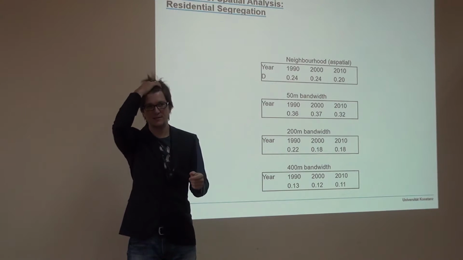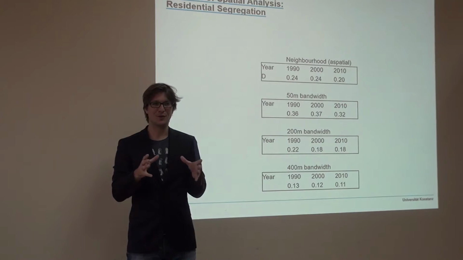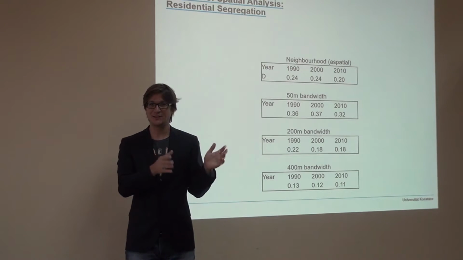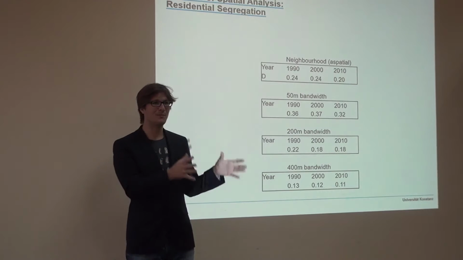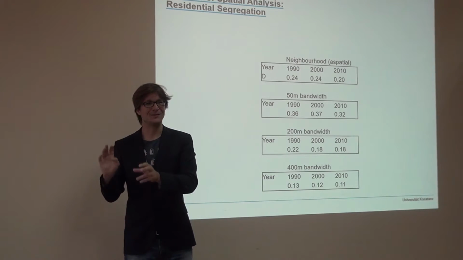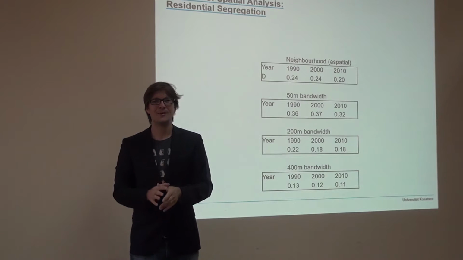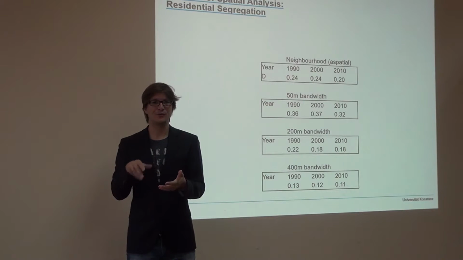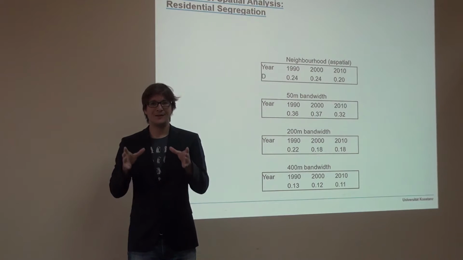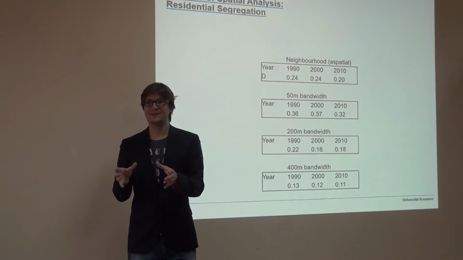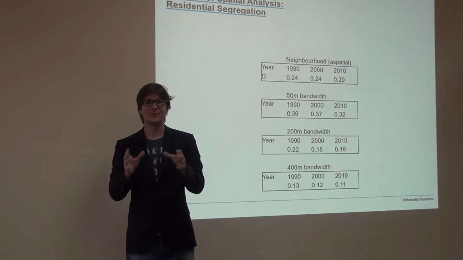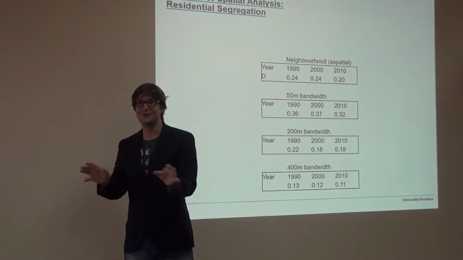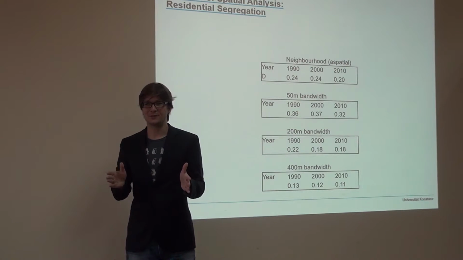For example, in the US, sometimes whole neighborhoods are racially segregated. So there are blacks in one neighborhood, only whites in another neighborhood, and Latinos in another. But it could also be that a neighborhood is pretty mixed, but within it one block of houses is only black, one block of houses is only white, one is only Latino. So this would be a different scale of residential segregation.